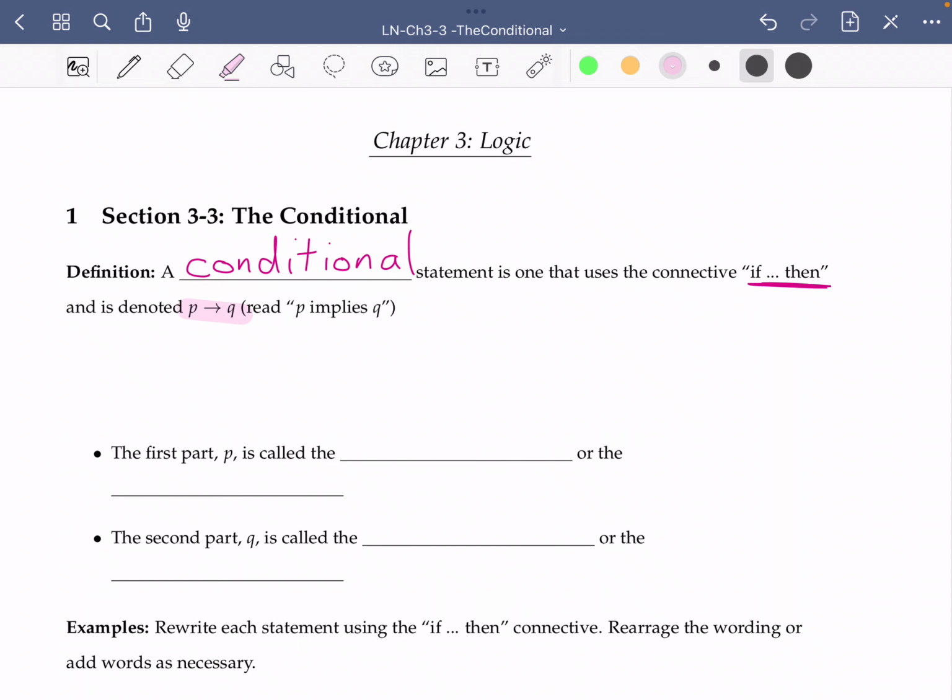With our conditional statement here, we could say something like, if it is warm, then I will go swimming.